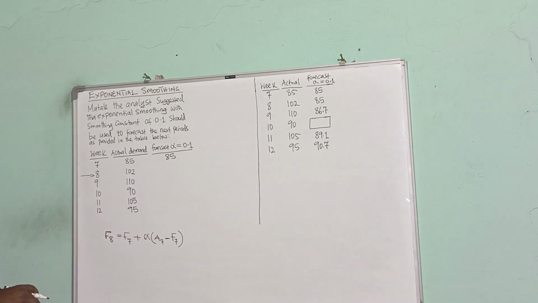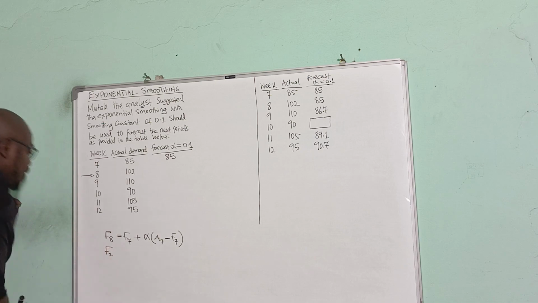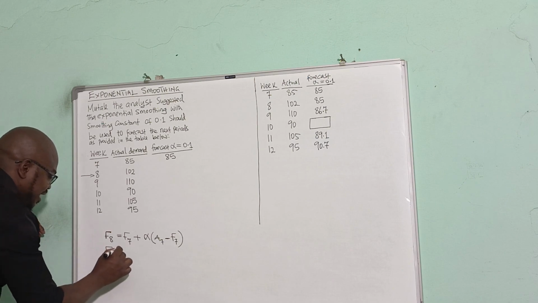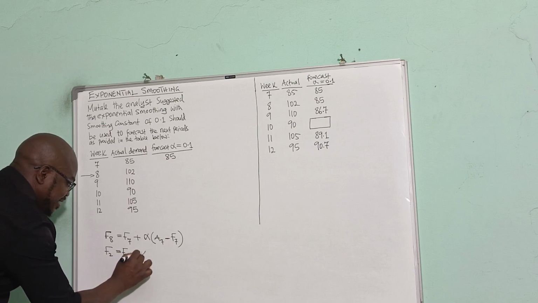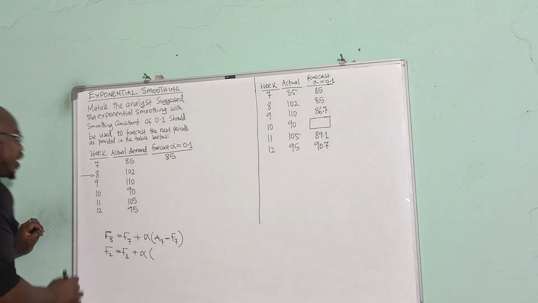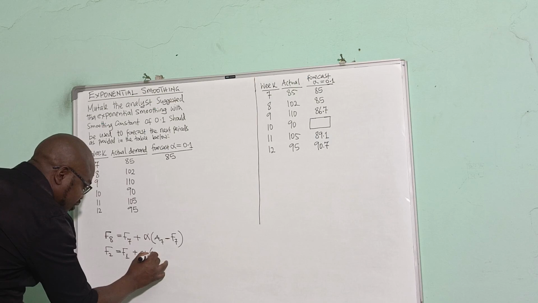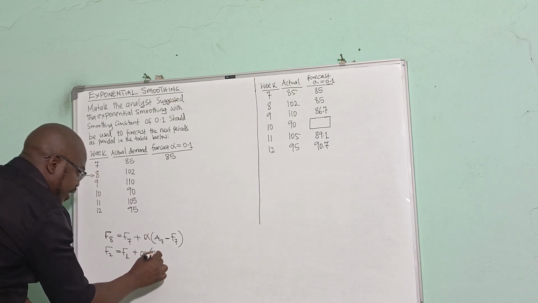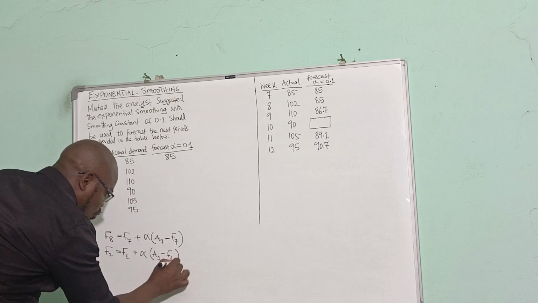This is how it has to look. Others would say forecast for period 2 is forecast for period 1 plus alpha, the smoothing constant factor, and then you need actual for period 1 minus forecast for period 1.